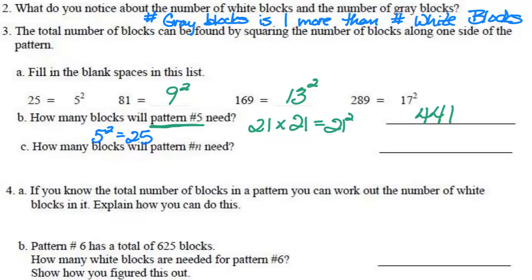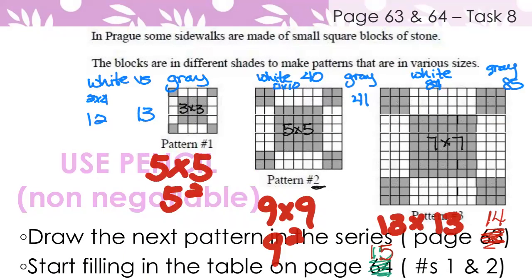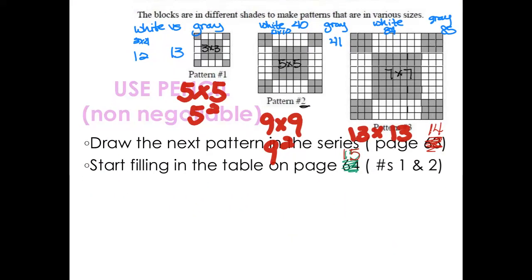How many blocks will pattern number N need? What's happening to these numbers? If pattern 1 is 5 by 5, pattern 2 is 9 by 9, pattern 3, 13 by 13.